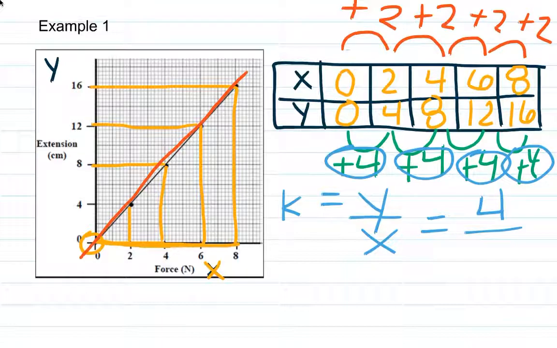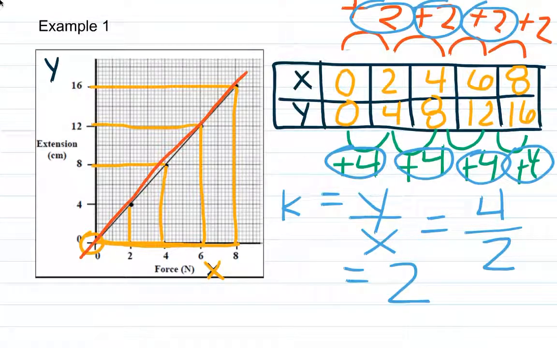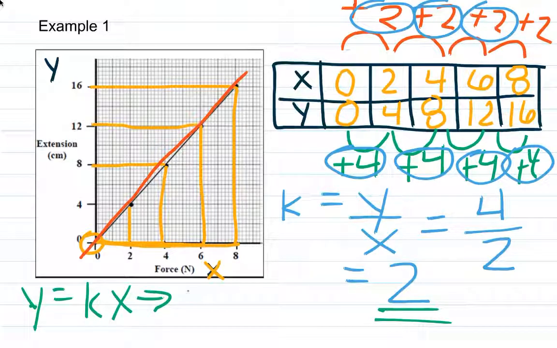And for x, they were all 2s. So I'm going to put 2. 4 divided by 2 is going to be 2. So k equals 2. And then if I wanted to write an equation, y equals k times x, I'm going to plug in 2 for k. So y equals 2x.